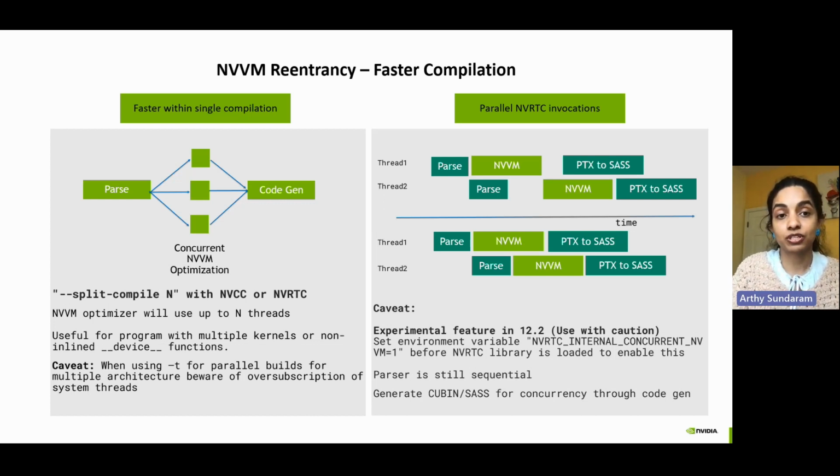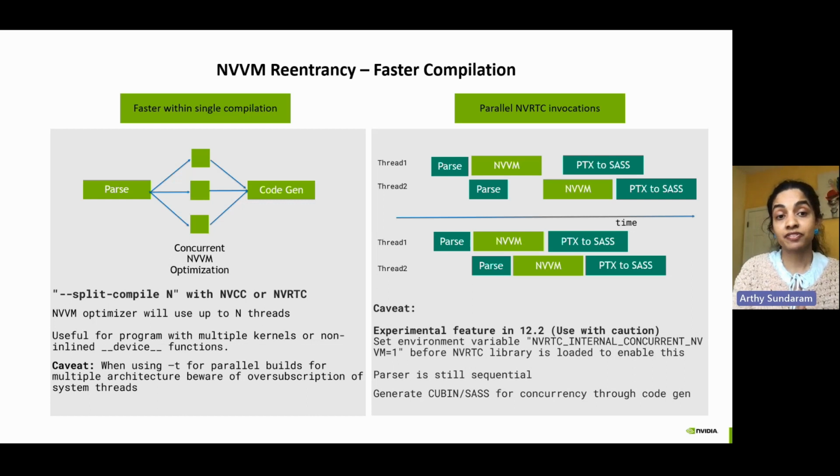Now with that mutex gone, you can really get parallel invocations. So NVVM from multiple threads can go in parallel. This is already the case for the codegen phase: PTX to SASS compilation is already parallel, but NVVM was serialized.